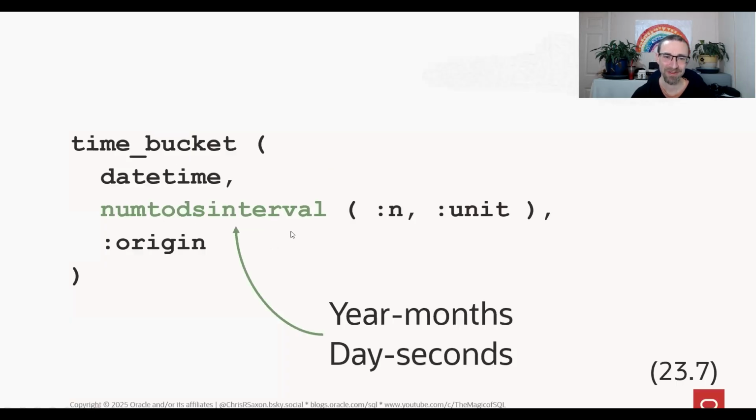Well, if we know which units we're working with and we're staying either days or smaller or just years and months, we can use these numToDSInterval, numToYMInterval functions. So n, so it would be 5, and units, and that would actually be the word minute if we wanted 5 minutes. The key thing to note here is we need to know whether we're working in days to seconds, days or smaller, or years or months. If we don't know, then we need a case expression to choose between them and some kind of flag to do that. Fortunately, there is actually a simpler way.